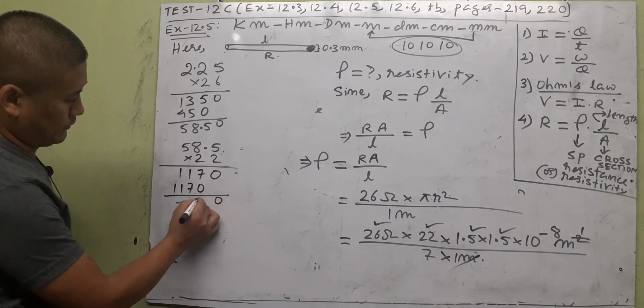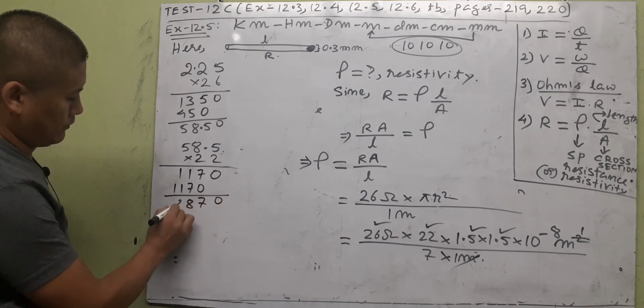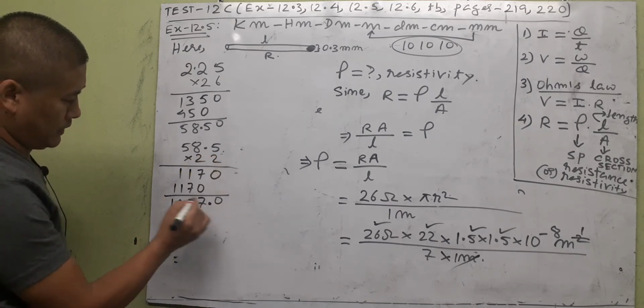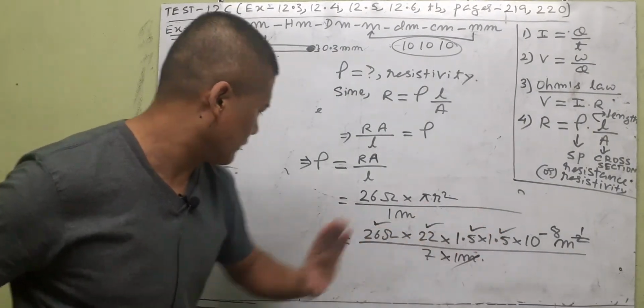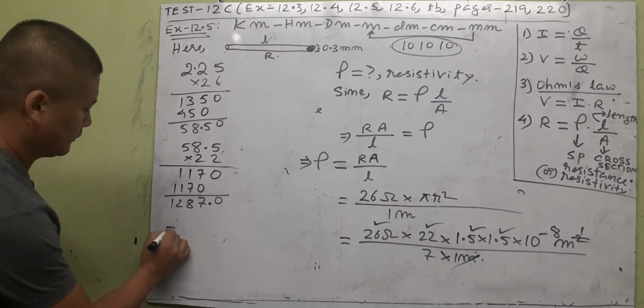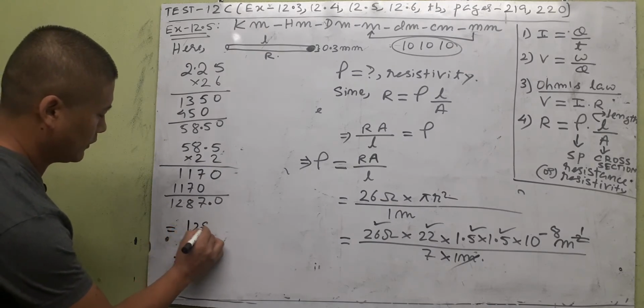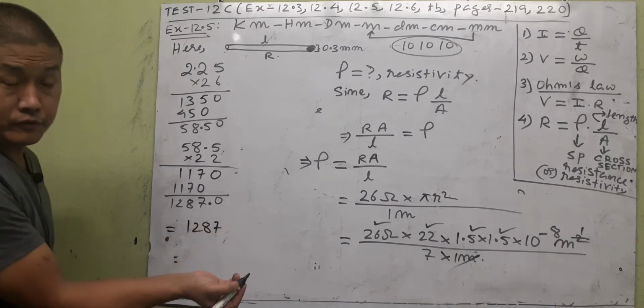With 1 decimal place, we get 1287.0, so no need to write that.